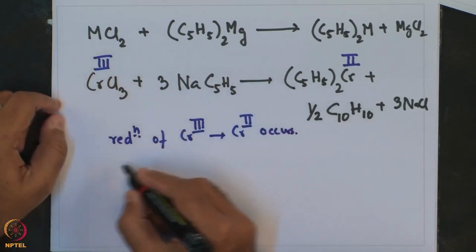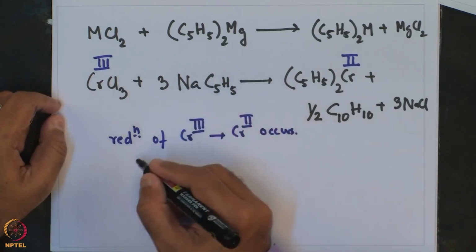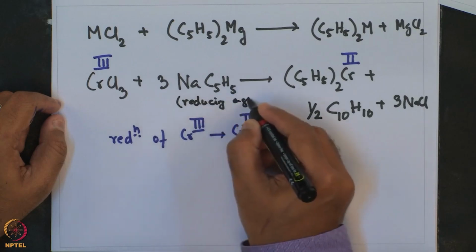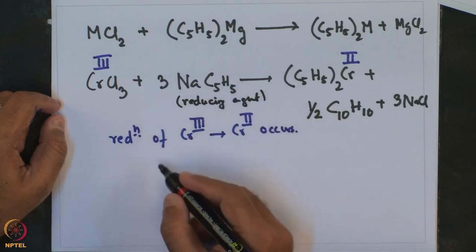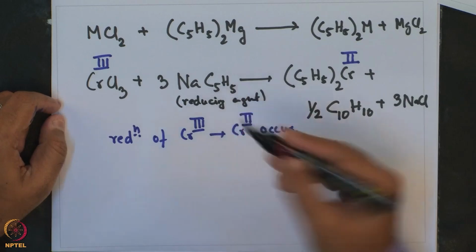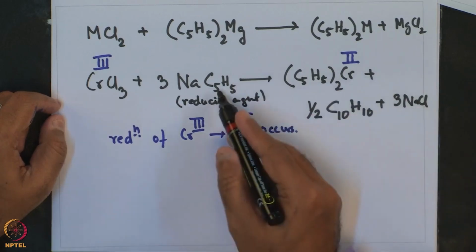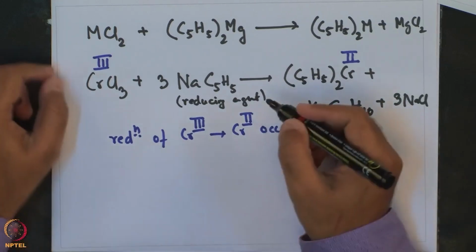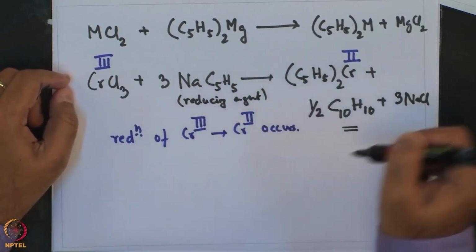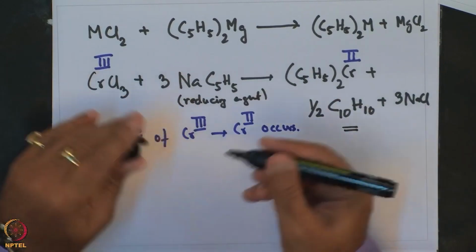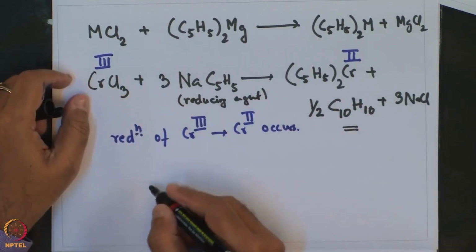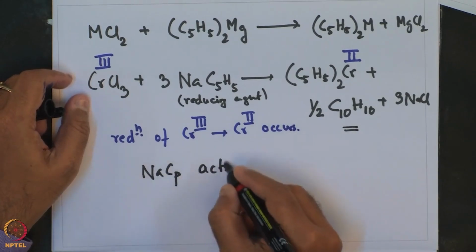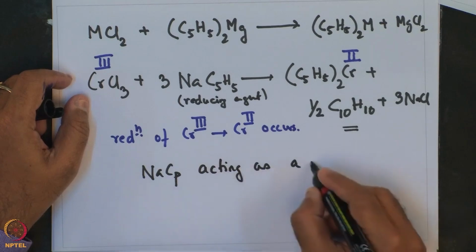To facilitate that process, sodium Cp is the reducing agent, and the Cp anion, C5H5 minus, facilitates this reduction and itself gets oxidized to produce this C10H10. It loses an electron, becomes a radical, and then dimerizes to give C10H10. So here we see sodium Cp acting as a reducing agent.